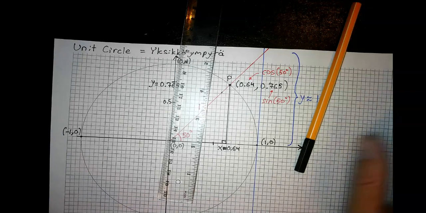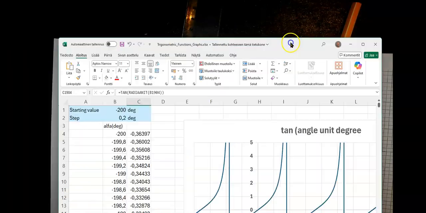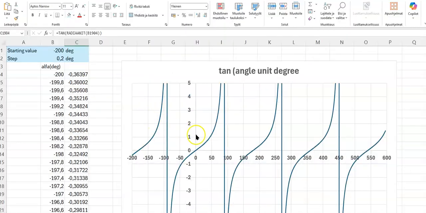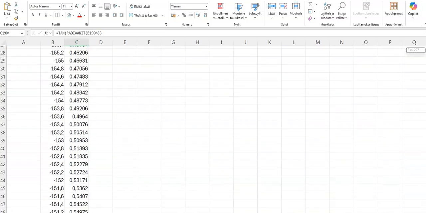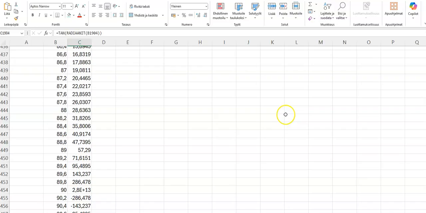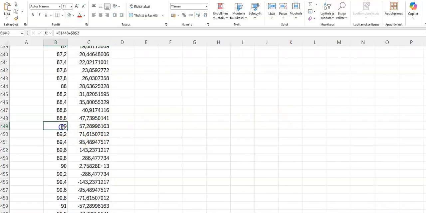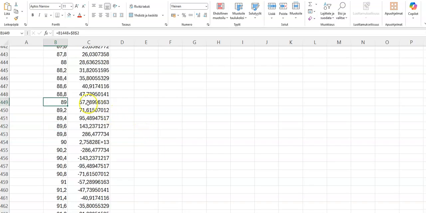And from this picture, again, I will show you that when we are going near 90 degrees, here you can see 89 degrees, the tangent value is 57. At 89.2, now it is already 71, 95, 143, 286.